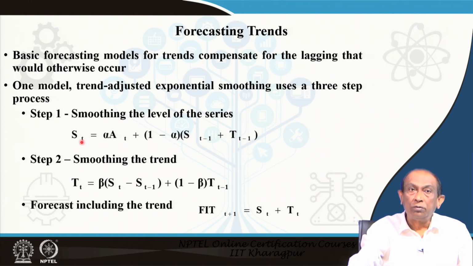That is basically equal to alpha, which is the smoothing constant, times the actual demand in period t, which is given by At, plus 1 minus alpha times the smoothed value of the level 1 period ago, which is denoted by St minus 1, plus the trend factor, which was computed 1 period ago and denoted by Tt minus 1.